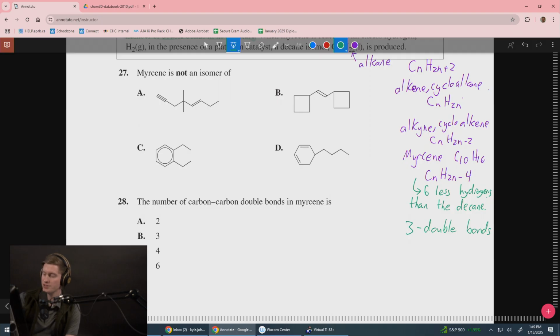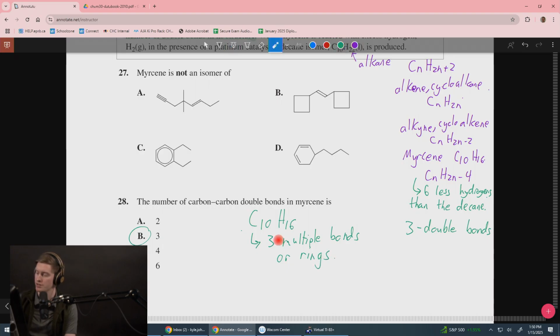And that is actually our answer to question 28, which I think makes more sense to attack first before we get to question 27. Now, if we have this formula, C10H16, then our isomers are going to need some combination of 3 multiple bonds or rings in order to get this number of hydrogens.